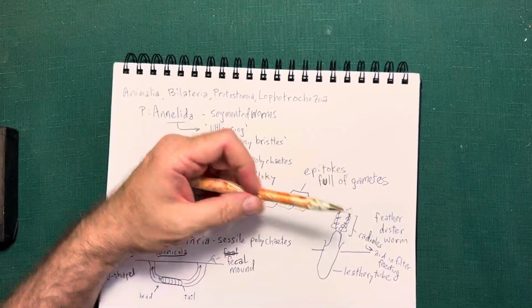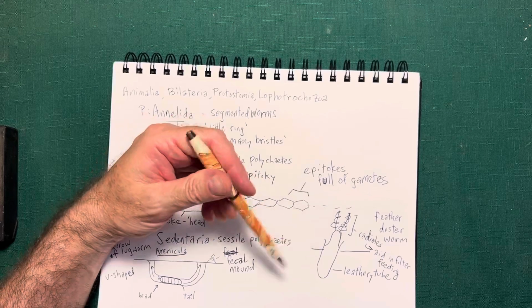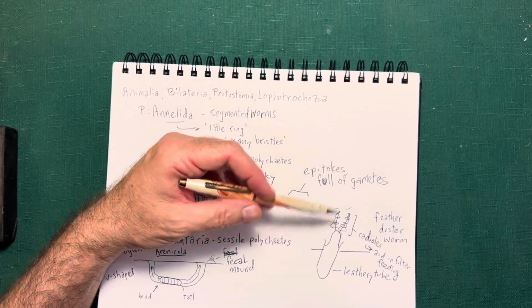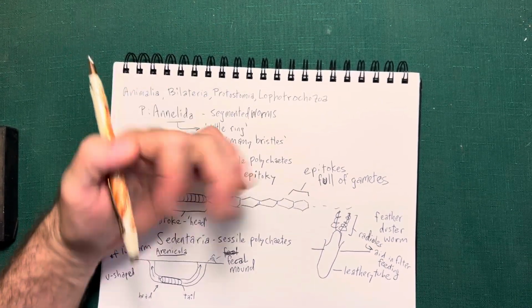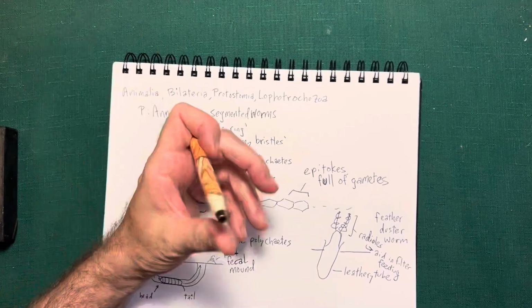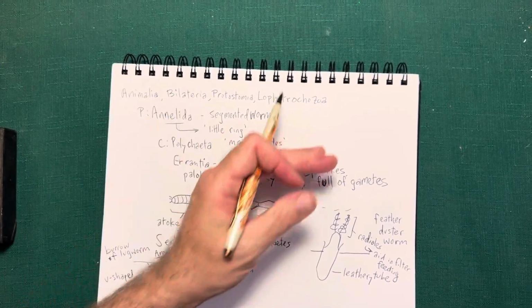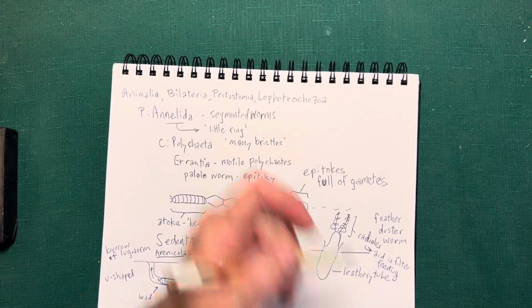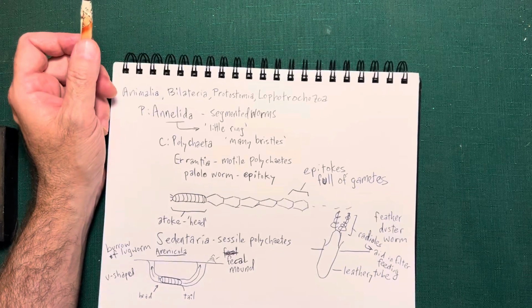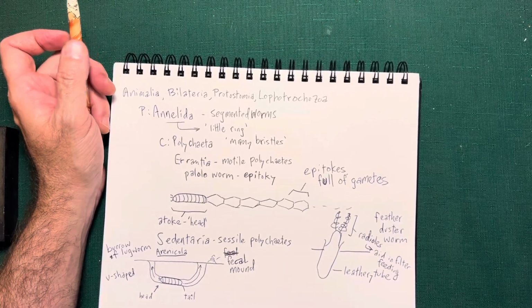So if you're diving along, you might see these kind of weird Christmas tree looking things sticking out that are very highly dissected, very fringy looking. And then as you swim by, they might suddenly disappear into this leathery tube, which is the habitat for the feather duster worm.